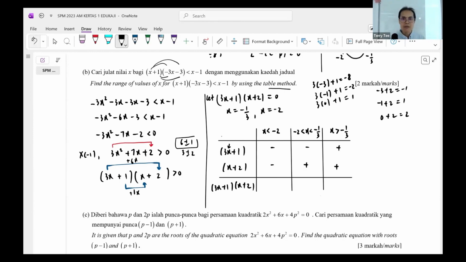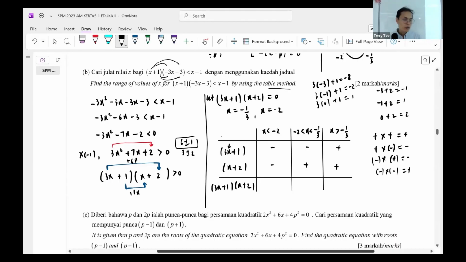So the idea is this: if you have a positive number, you multiply a positive number, your answer is positive. A positive number times a negative number, you get negative. And negative number times negative number, you get positive. So you find out the multiplication of these two, which one gives us positive, which one gives us negative, right?